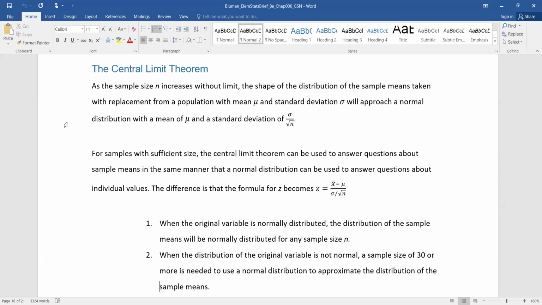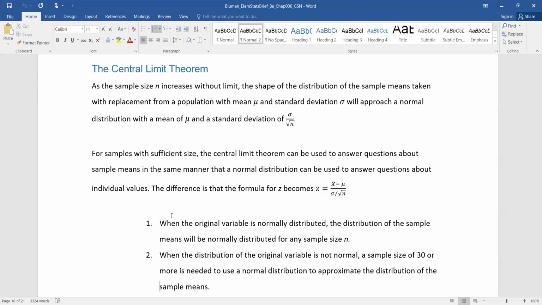The difference is that the formula for z is the sample mean minus the population mean, divided by the population standard deviation divided by the square root of the sample size. When the original variable is normally distributed, the distribution of the sample means will be normally distributed for any sample size n.